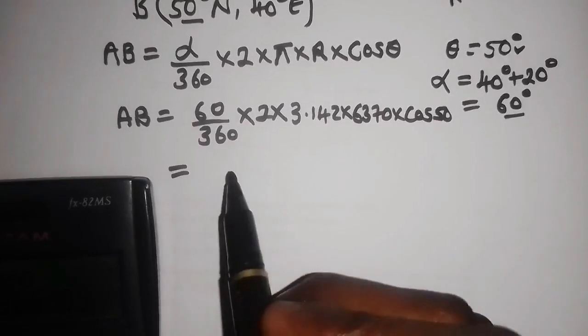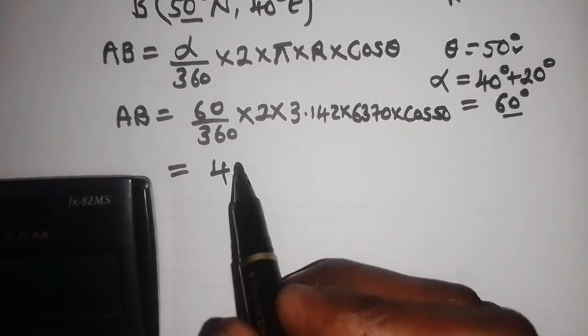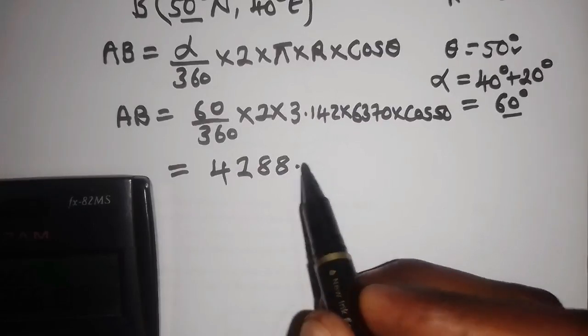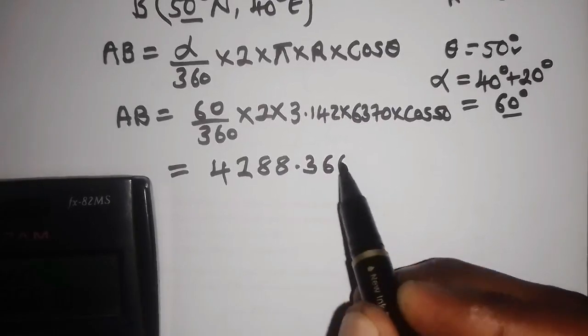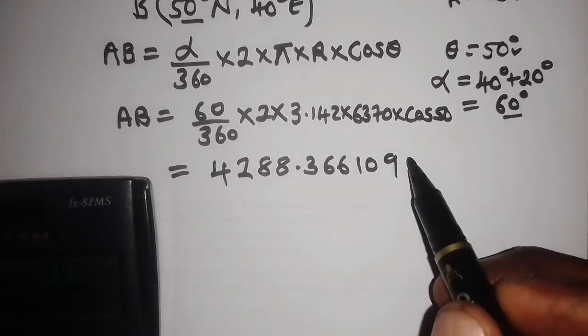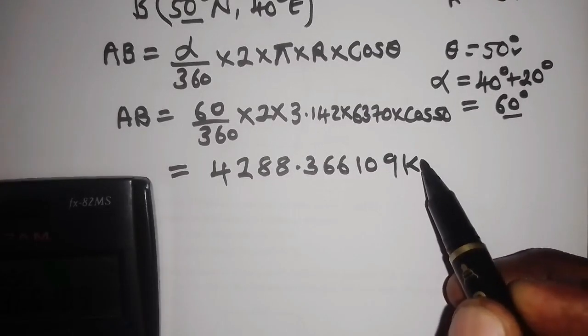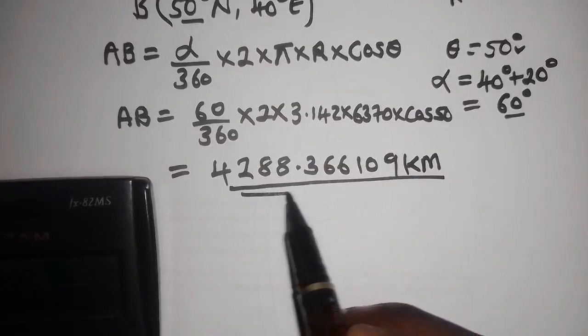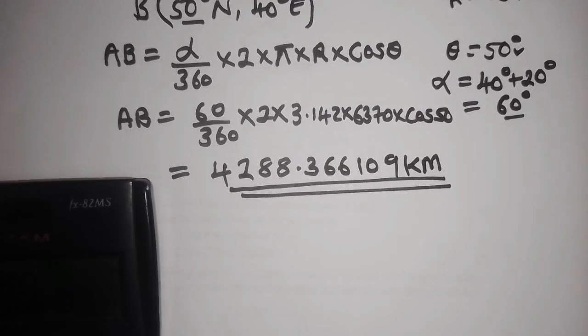I want you to ignore for now the rounding off. Remember that we use the radius in kilometers, so our units should be in kilometers. Okay, so that's how you can go about that one.